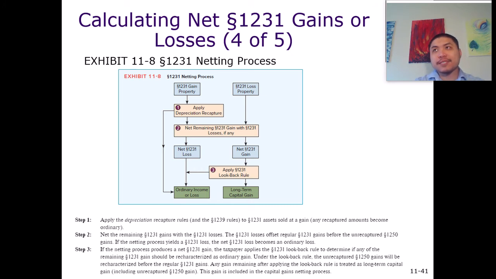Imagine the taxpayer has several section 1231 dispositions in a year, right? In some of the transactions, this person may have some 1231 gains, and in some transactions they may have some 1231 loss, right?